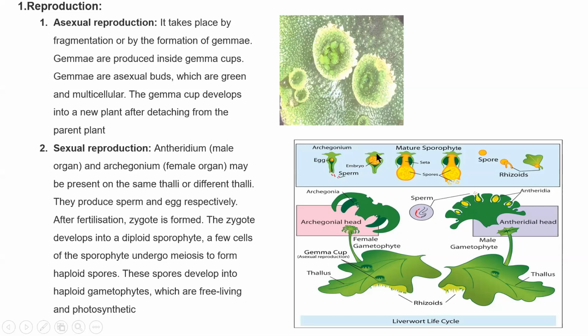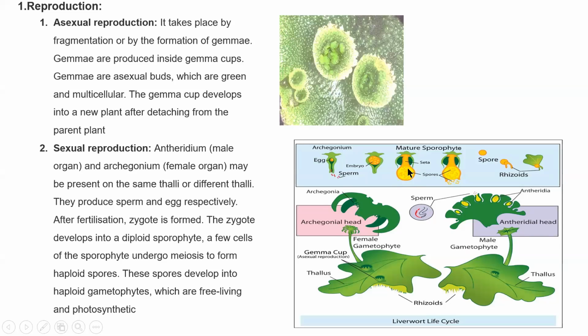The zygote, which is diploid, is produced. The zygote is the first cell of the sporophyte generation. So the sporophyte is developed inside the archegonium itself. You will have a small portion, the foot, embedded in the venter portion of the archegonium, and then the seta, a short stalk like structure which bears the capsule.